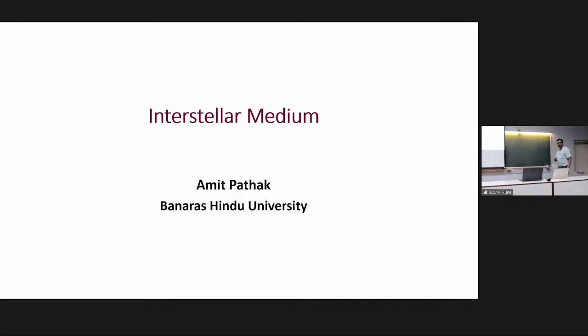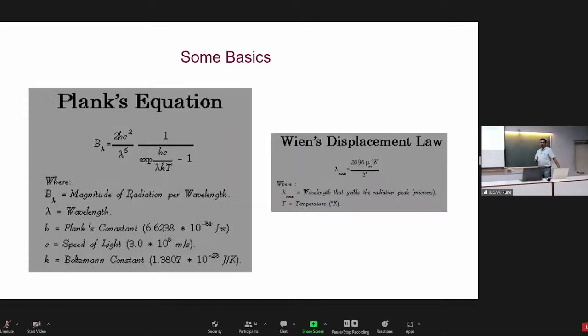So the interstellar medium, as we understand, is the space between stars. That space was thought, very early, in the 1900s, to be empty, with nothing in it. And there were some proofs as well.